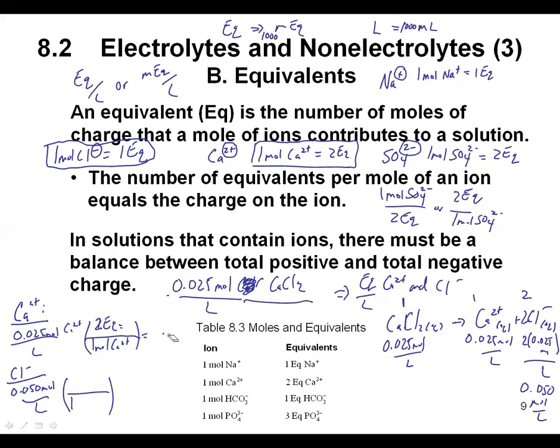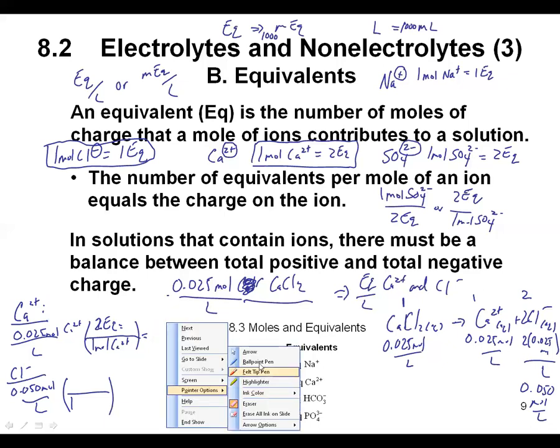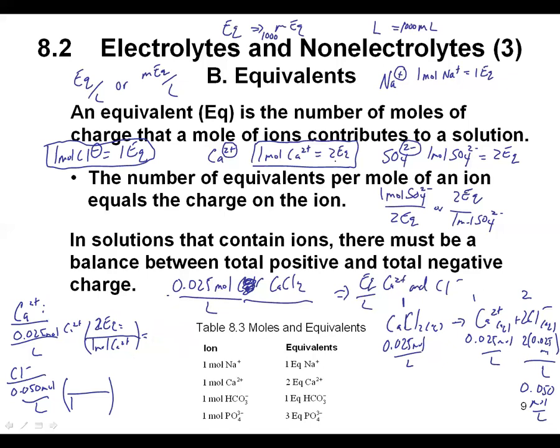I boxed it and everything, and missed the whole 2. So my bad. The calcium, as we can see here, is 2 equivalents, and that would give us 0.05 equivalents per liter. That's better. And for chloride, 1 mole gives us 1 equivalent, and that would give us 0.05 equivalents per liter.